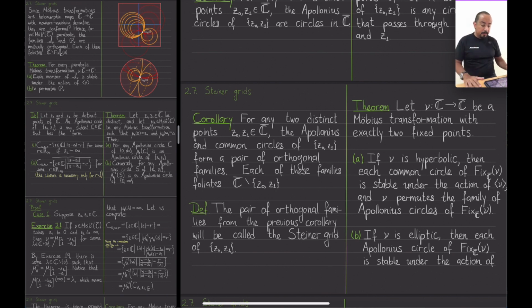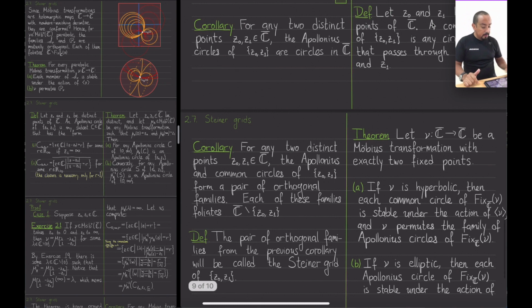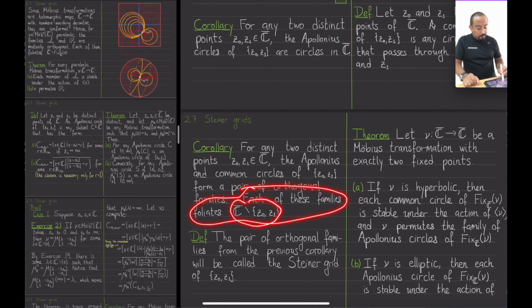So they are obviously orthogonal. So when you map them through a Möbius transformation, orthogonality is preserved. And these two families foliate C bar minus the 2 points, right?